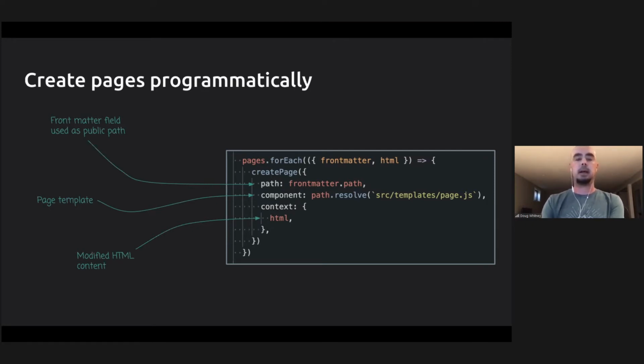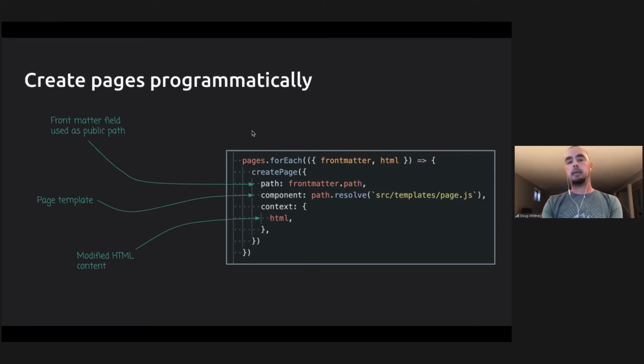But one thing that I did, which is not necessary, but again, opened up the path to more customizations of the HTML content, was passing it through this context object. So without this, you still would have access to the HTML in this page template. The limitation there is that it is the raw output of the Markdown to HTML conversion.